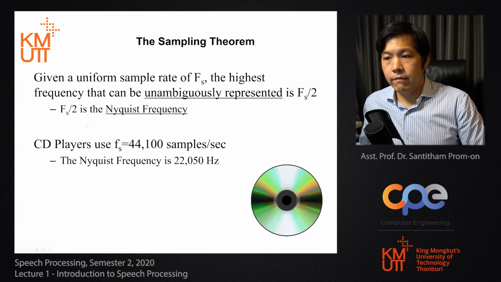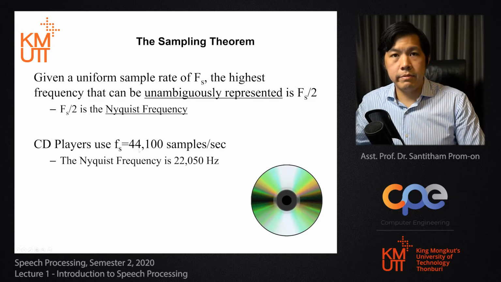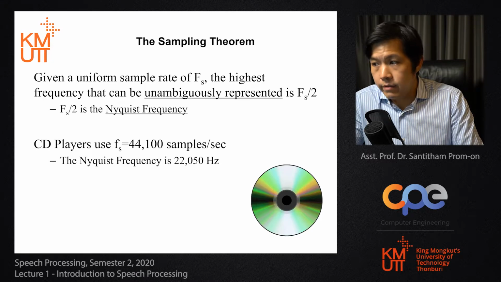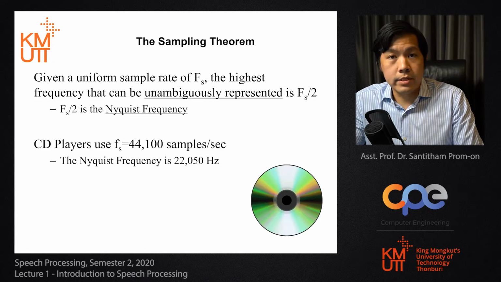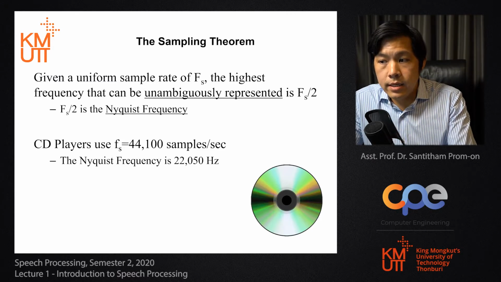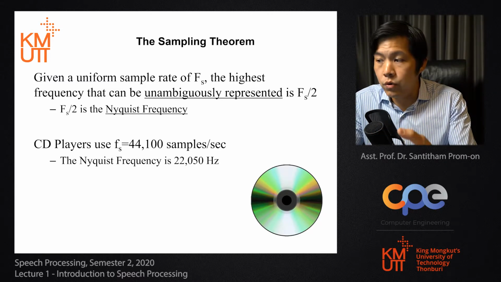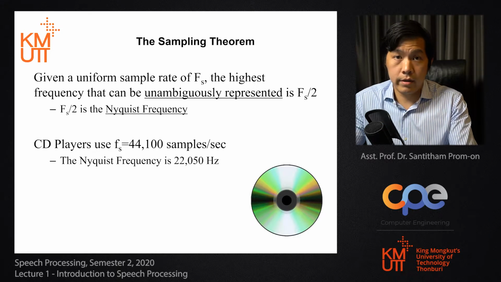For CD players, which use a sampling frequency of 44.1 kilohertz, 44.1 thousand samples per second, CD has a Nyquist frequency of 22.05 kilohertz.